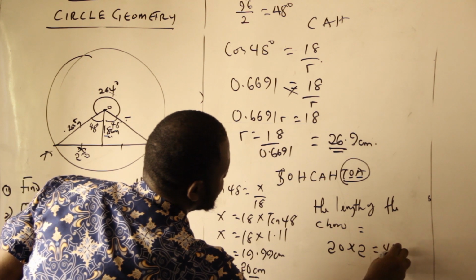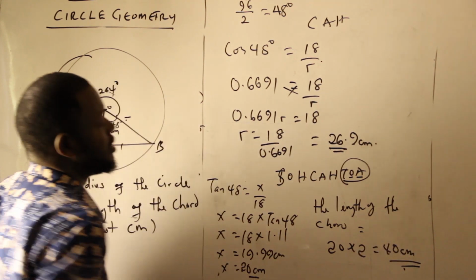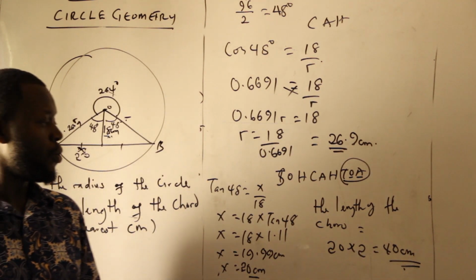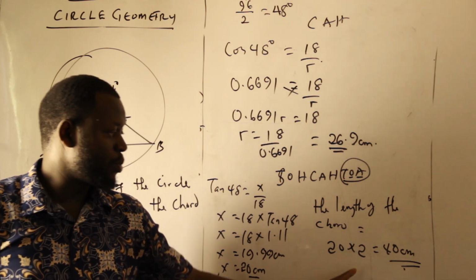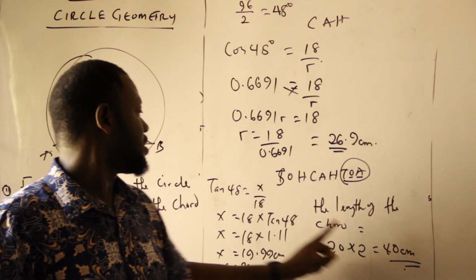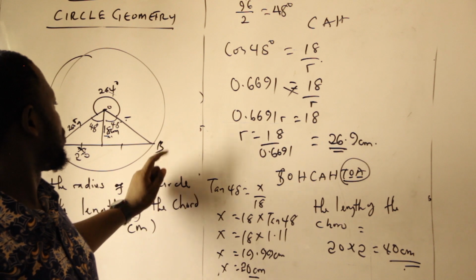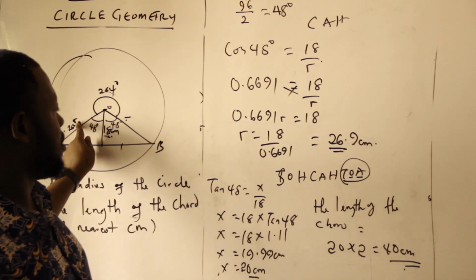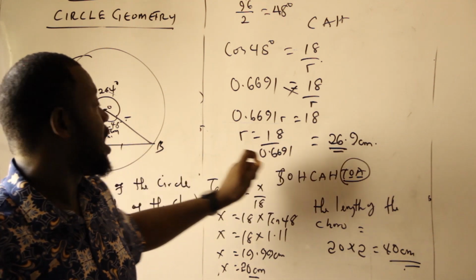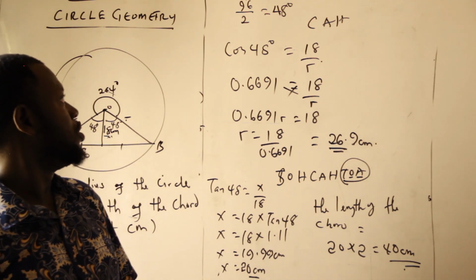That is 40 centimeter. So we have 40 centimeter as the length of this chord. Then we have 26.9 as our radius.